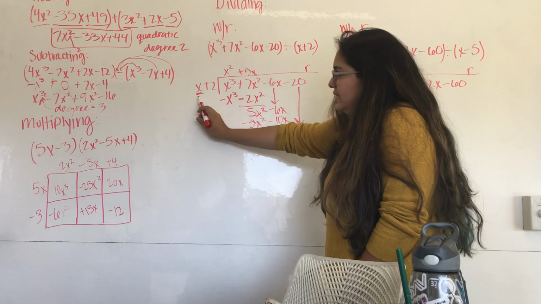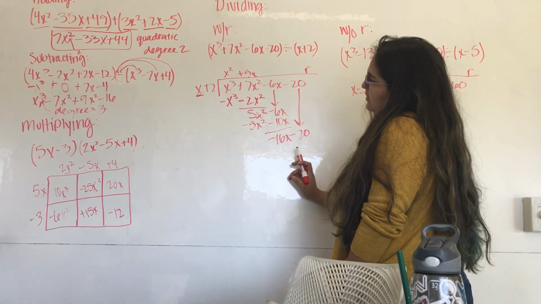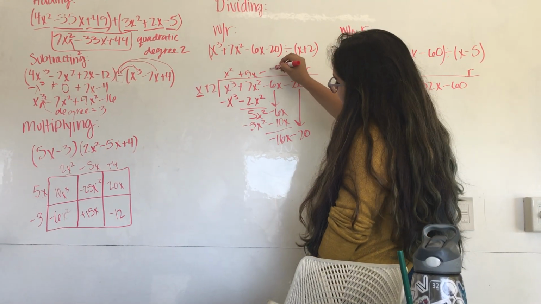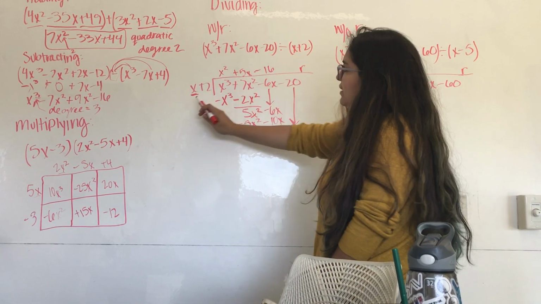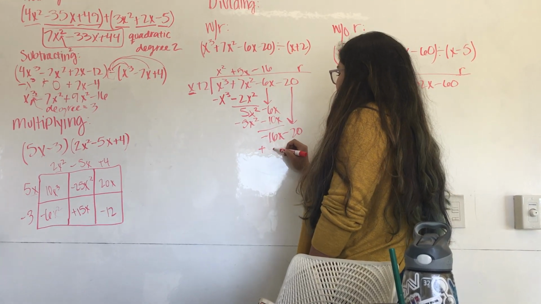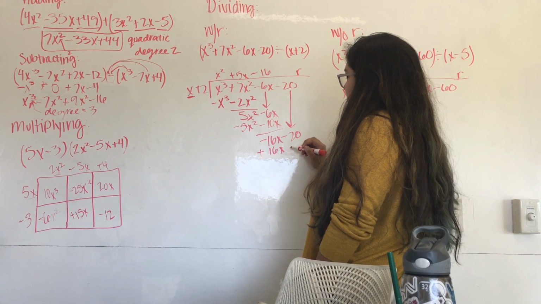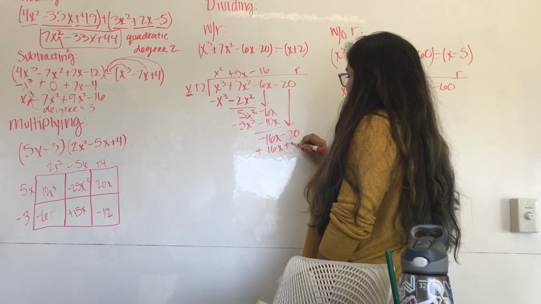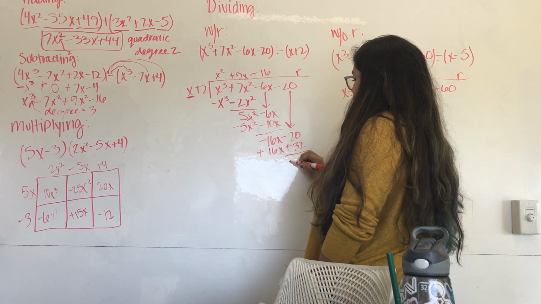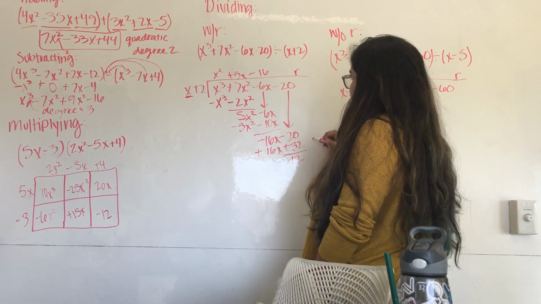So, in order to get our x to equal negative 16x, we're going to do negative 16 because we have our x already, and because of opposite operations, we have positive 16x, positive 32. And our remainder is going to be 12.